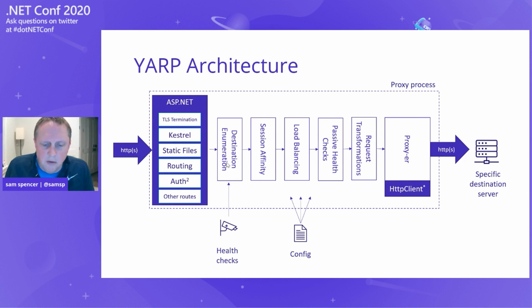And you'll create a cluster, which is a set of destinations that can handle a particular route. So a request comes in. From that, we figure out which route it is, which set of destinations. We'll then enumerate those, and we do both active and passive health checks against those, so we can knock out the ones that are not responsive or having problems.